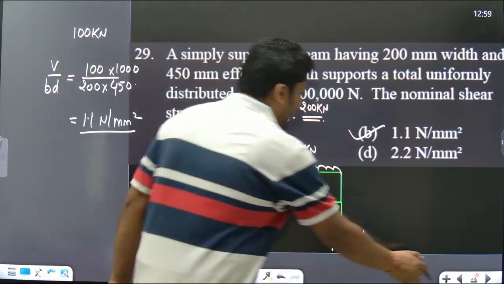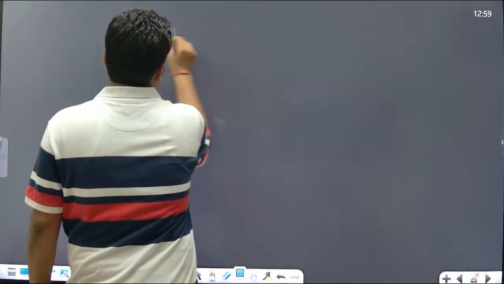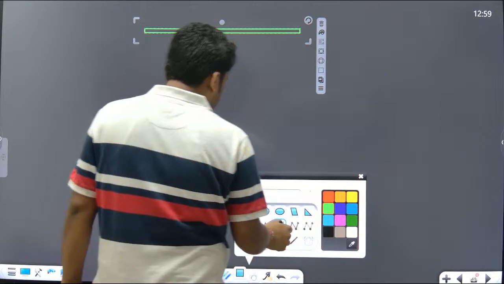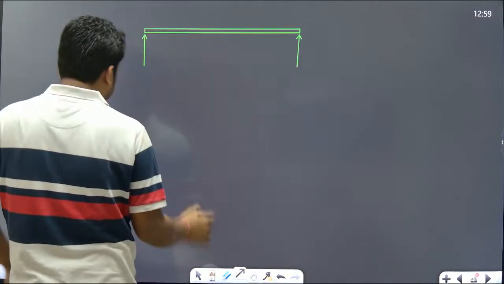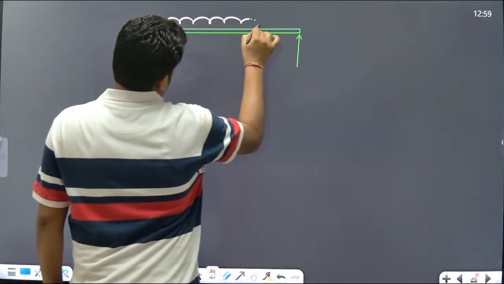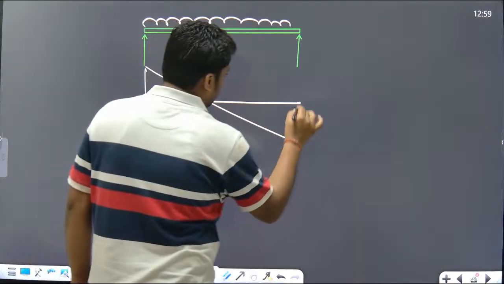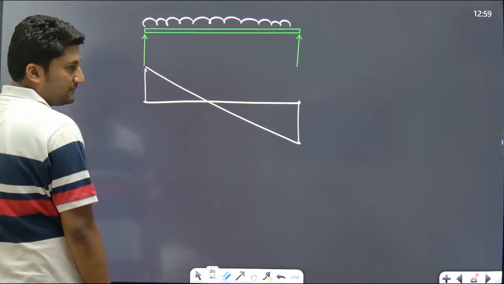Now in UDL, you must have studied this. For UDL, this is the shear distribution. Yes or no?